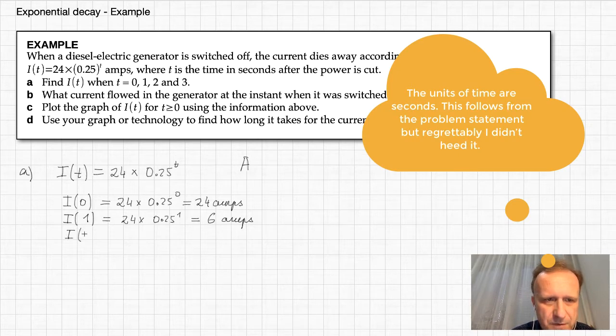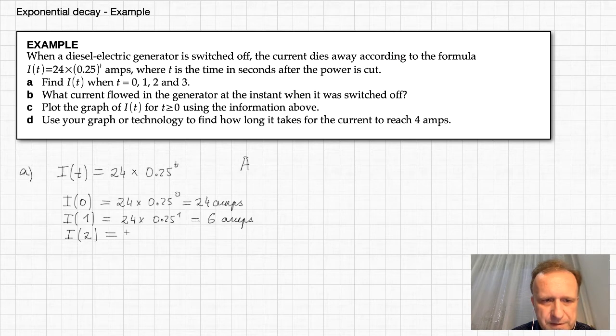I of 2 would be 24 times 0.25 to the power of 2. We have to calculate that, so 0.25 to the power of 2 is 1/16, and this times 24 gives you 3/2 or 1.5 amps, like this.